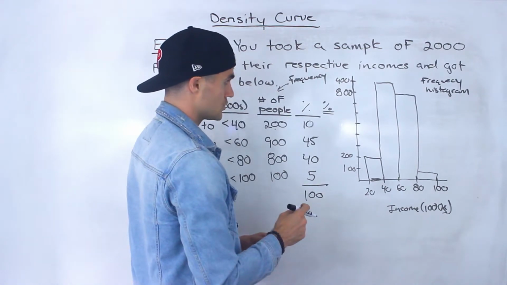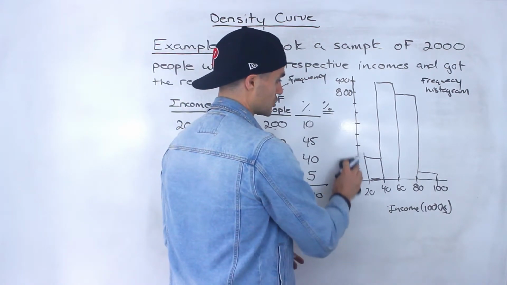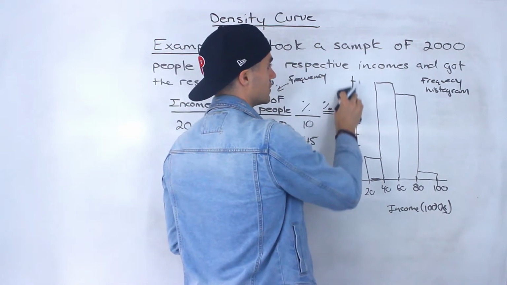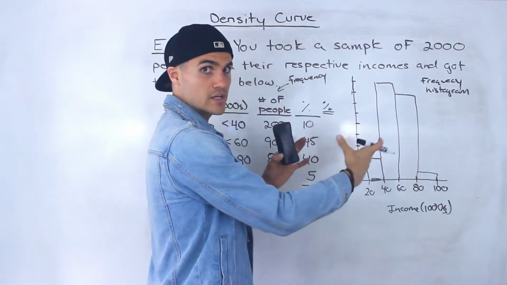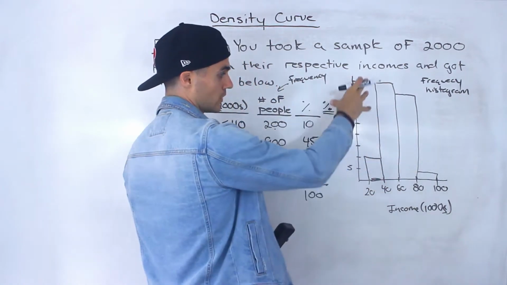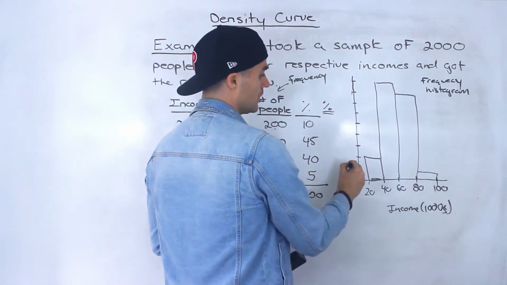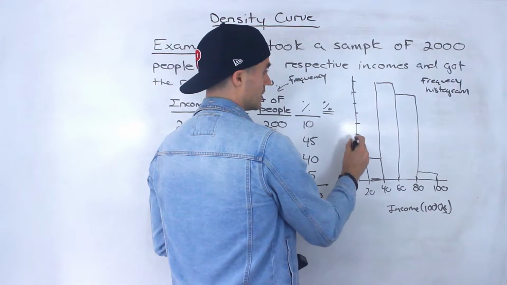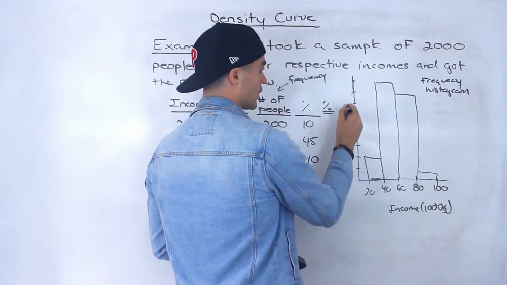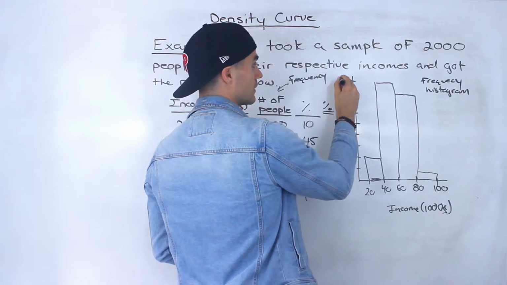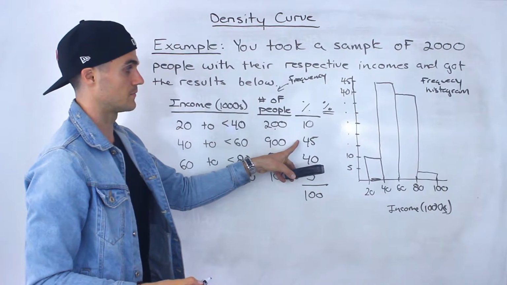And so what we can do is we can actually go up by 5s if we're changing this to a percentage. So you may want to draw this new histogram as a separate one. I'm just going to adjust this y-axis just to save time in the video. So we'll have 5, 10, and then 15, 20, 25, 30, 35, 40, and then 45 is going to be that top, which is what we have here.